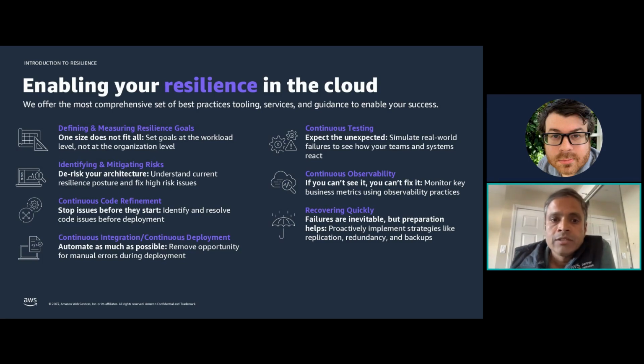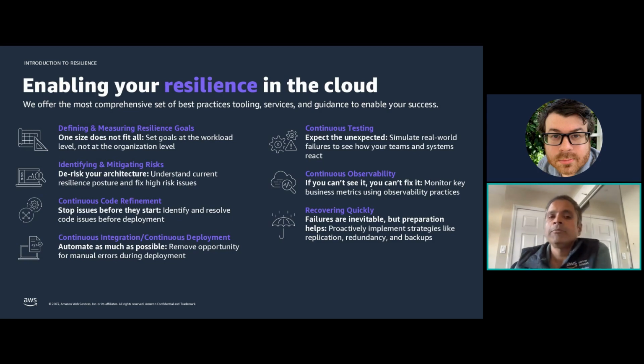Next, I want to talk about continuous code refinement. Part of building a highly available, resilient application is being able to identify and resolve issues in your code before it's deployed. AWS provides reviewing tools that not only augment the commentary on code reviews, but also recommend best practices around resilience.